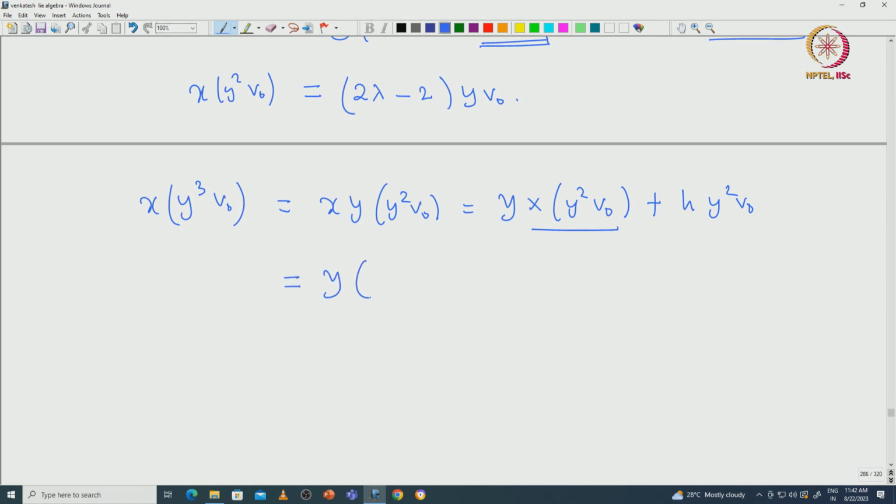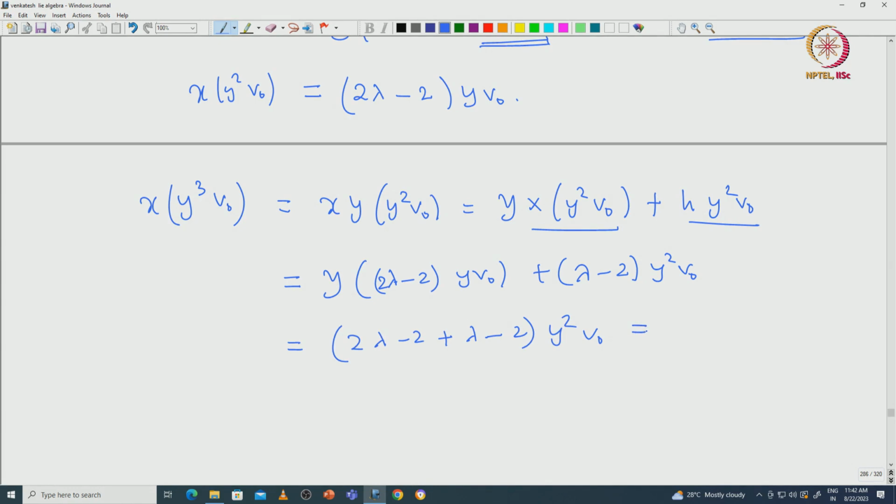So, this is y times (2 lambda minus 2) y V naught plus lambda minus 2 y square V naught. Okay. So, this gives me 2 lambda minus 2 plus lambda minus 2 y square V naught.